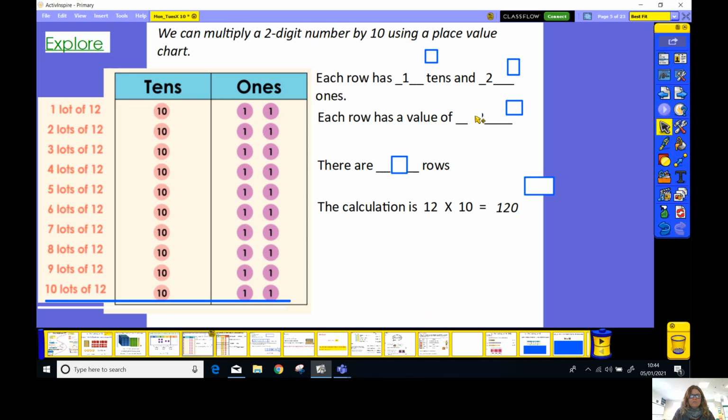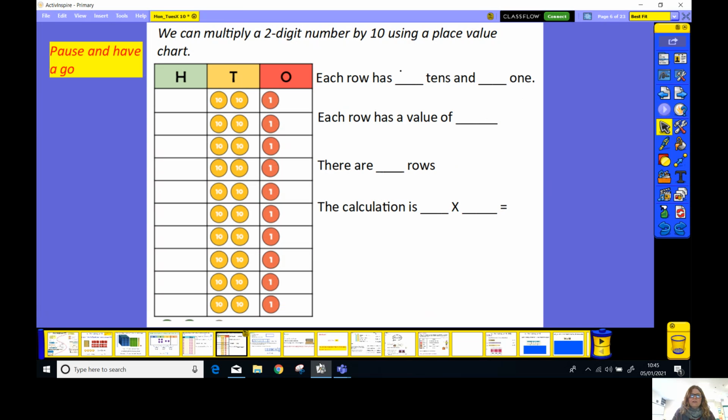So the value of each row is 12. There are altogether 10 lots of 12, as you can see. And because of that, I'm going to be multiplying 12 times 10, which would equal 120. I know that because 10 times 10 is 100 and 2 times 10 is 20. And so the answer added together will be 120.